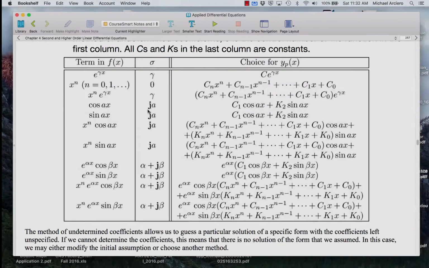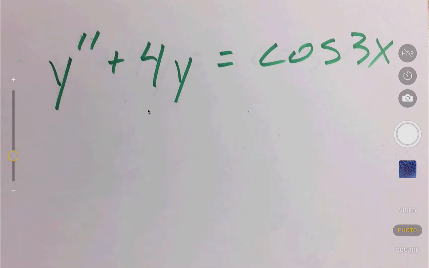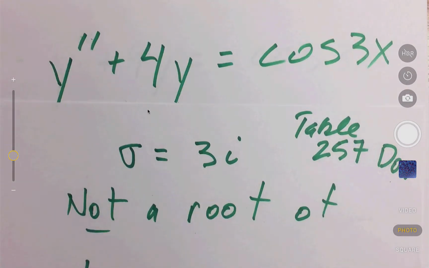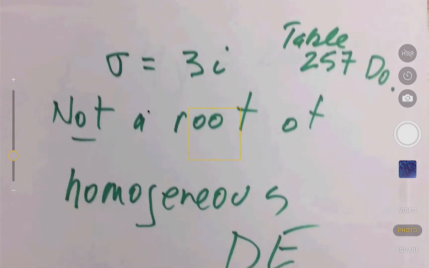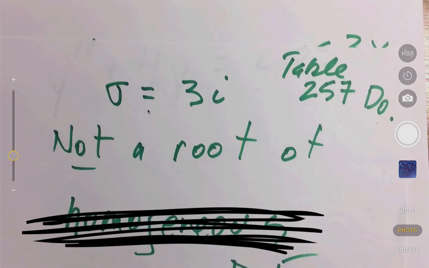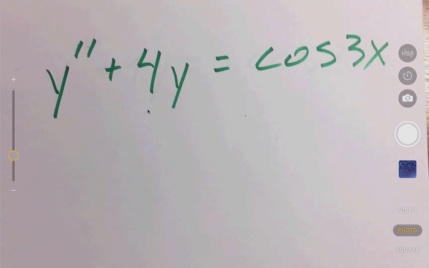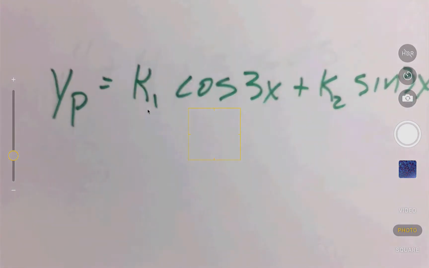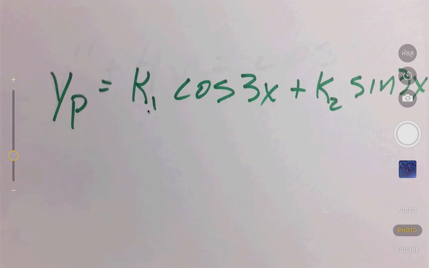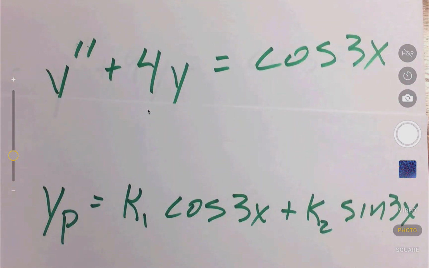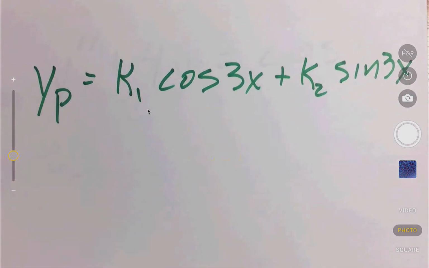So for our situation, our control number is 3i, which is not a root of the characteristic equation. So what we need to do is look for a particular solution of this form. If your forcing function is a sine or a cosine, you want to include both terms.